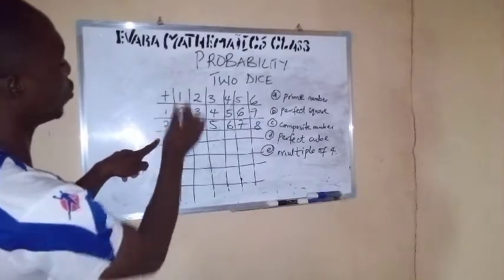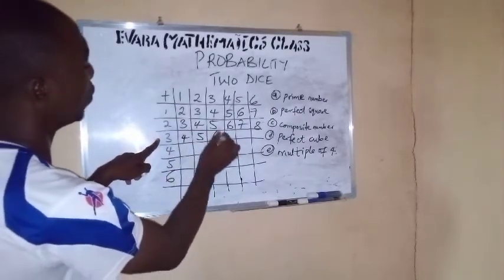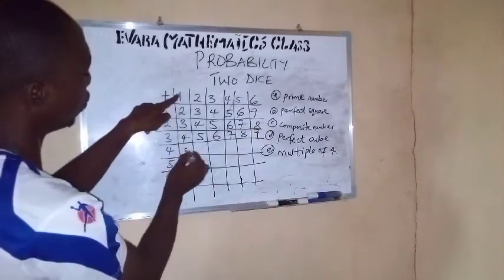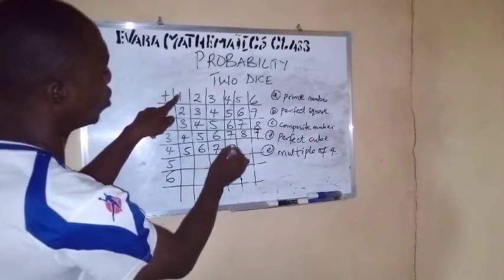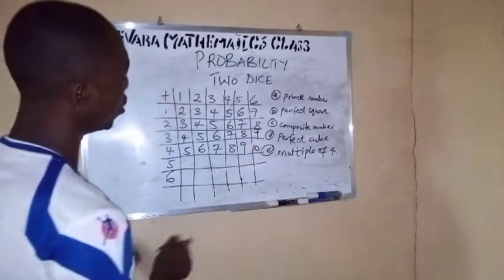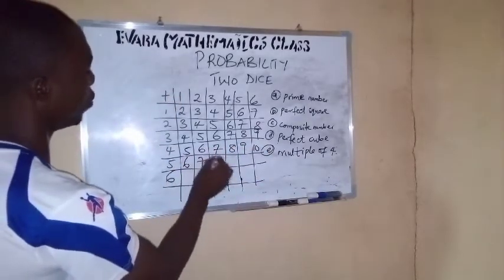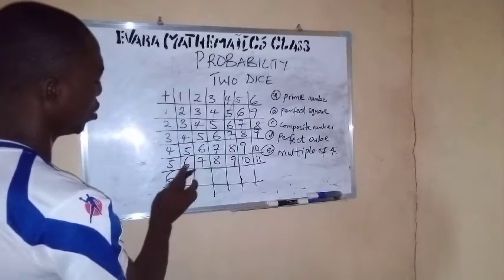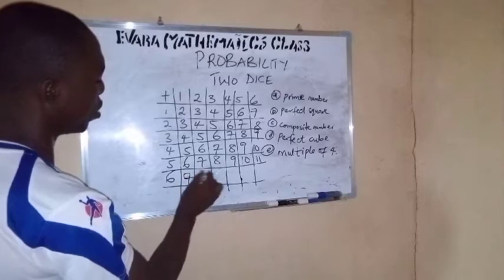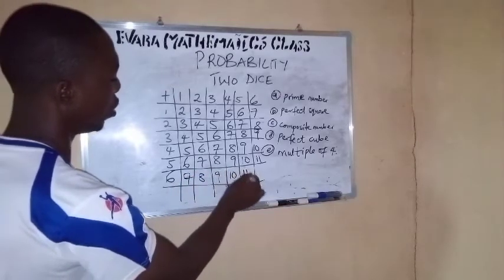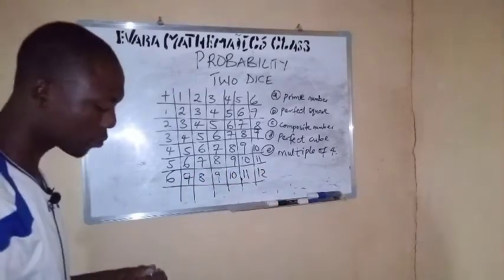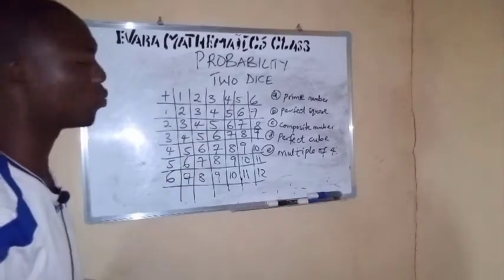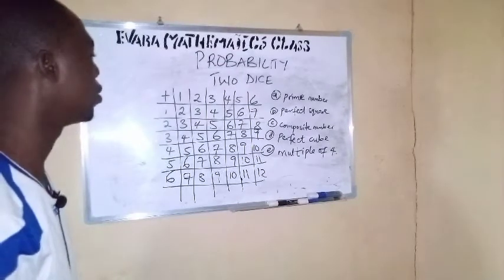Same thing, 3 plus 1, 4, 5, 6, 7, 8, 9. 4 plus 1, 5, 6, 7, 8, 9, 10, and so on, 6, 7, 8, 9, 10, 11. Then 7, 8, 9, 10, 11, and 12. So these are all the possible outcomes when we toss two dice.